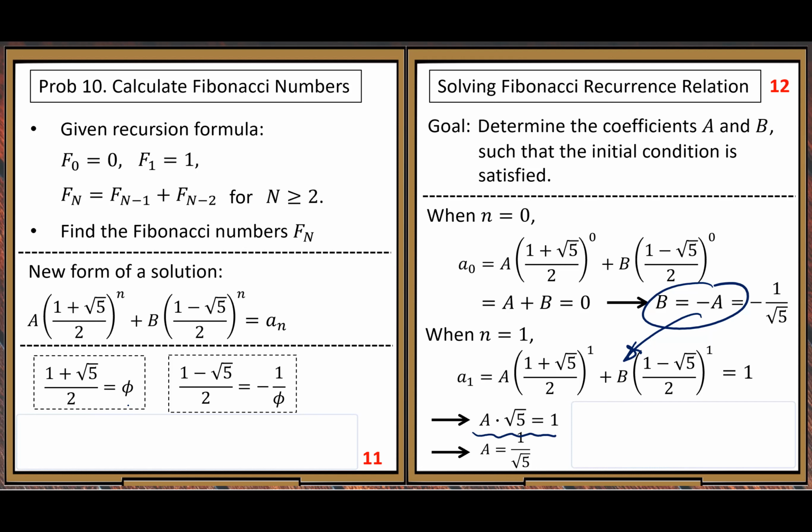And 1 minus root 5 over 2, we know by the reciprocal, equals negative 1 over phi. So finally, the final expression is 1 over root 5 times parenthesis phi to the n minus negative 1 to the n over phi to the n. That's the whole discovery procedure.